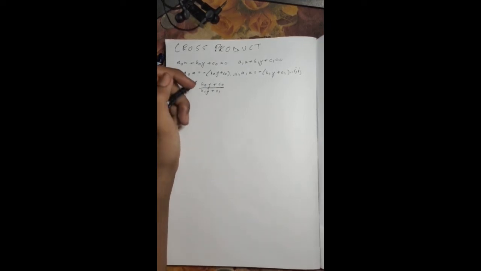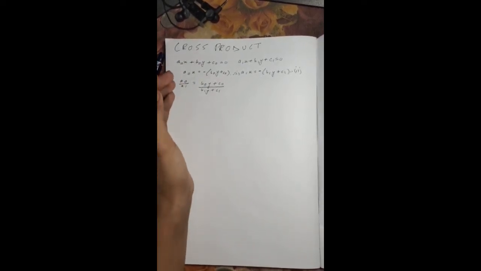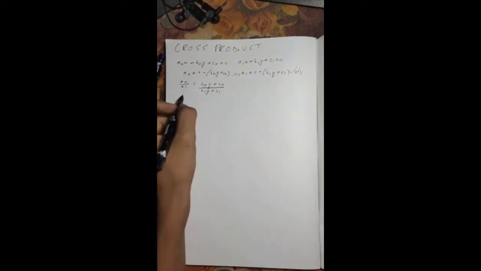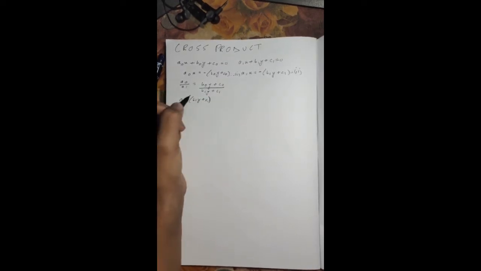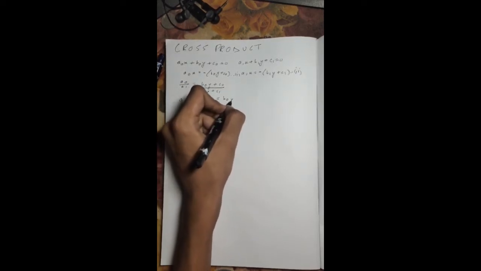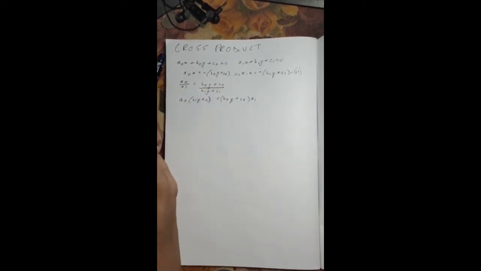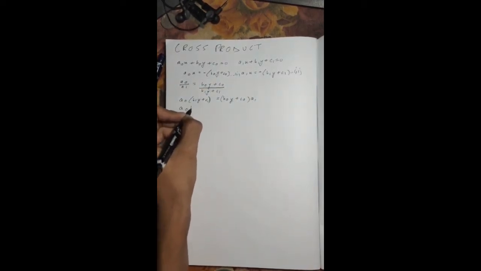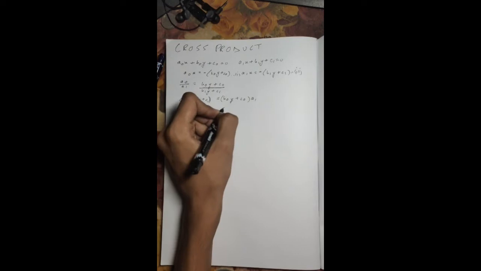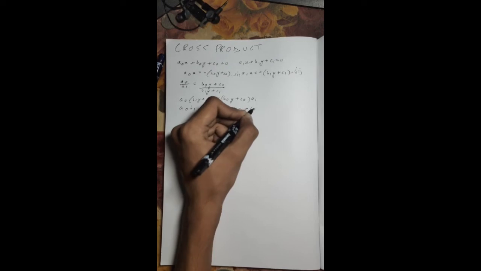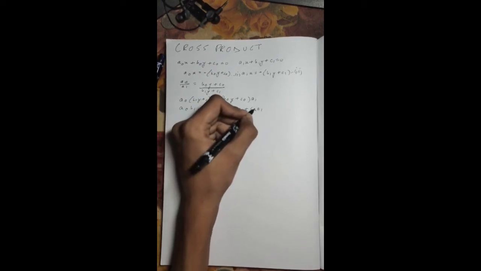And now we want to eliminate the denominator, so we'll multiply both sides by b1 y plus c1 and a1. That is equal to b naught y plus c naught, all into a1, and that will be a1 a naught b1 y plus c1 a naught, which equals b naught y a1 plus c naught a1.